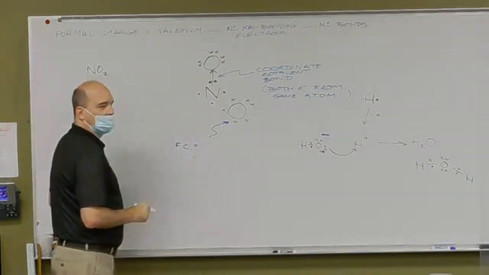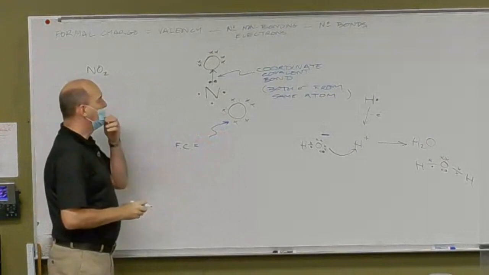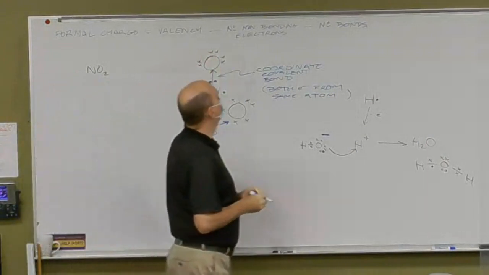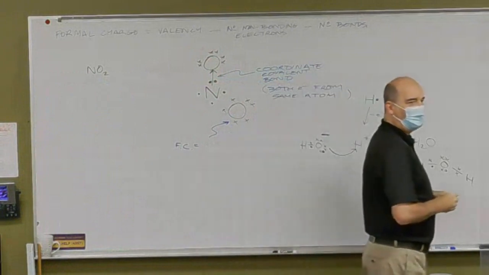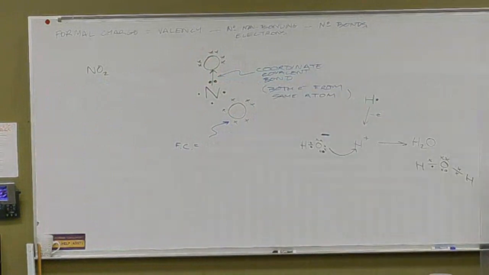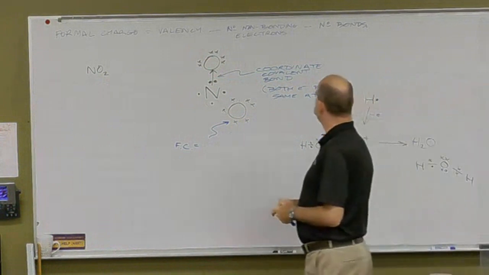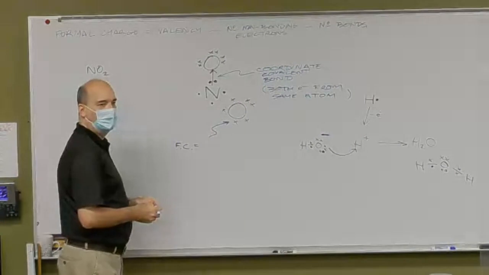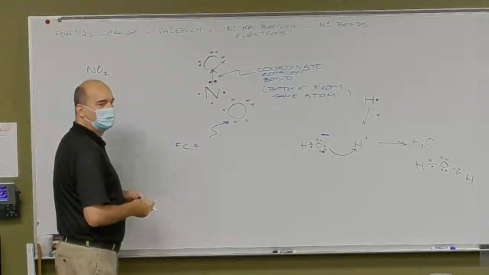The charge on that oxygen, this one at the bottom, is its valency minus the number of electrons not involved in bonding minus the number of bonds. Go ahead. Last time, I thought it was plus.